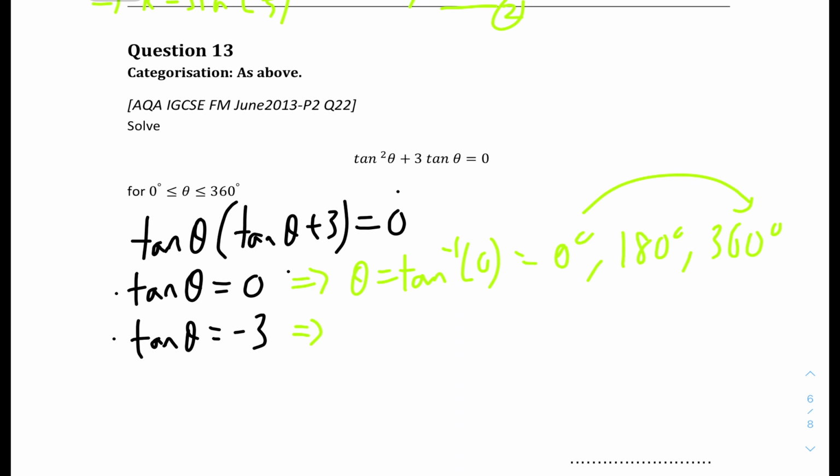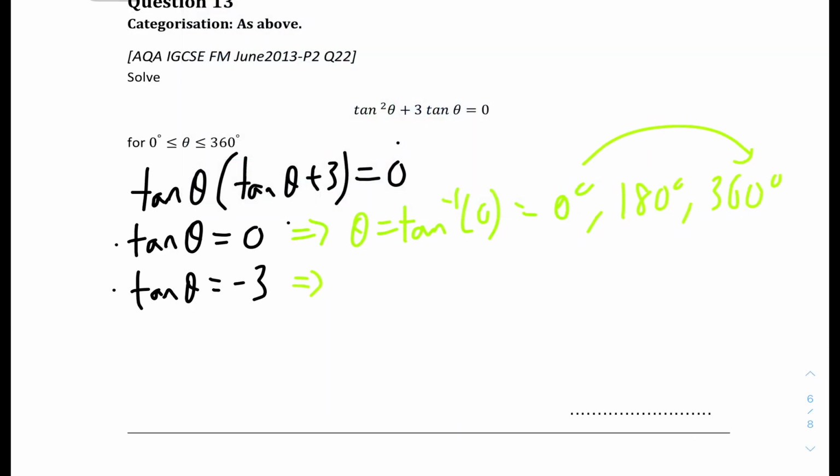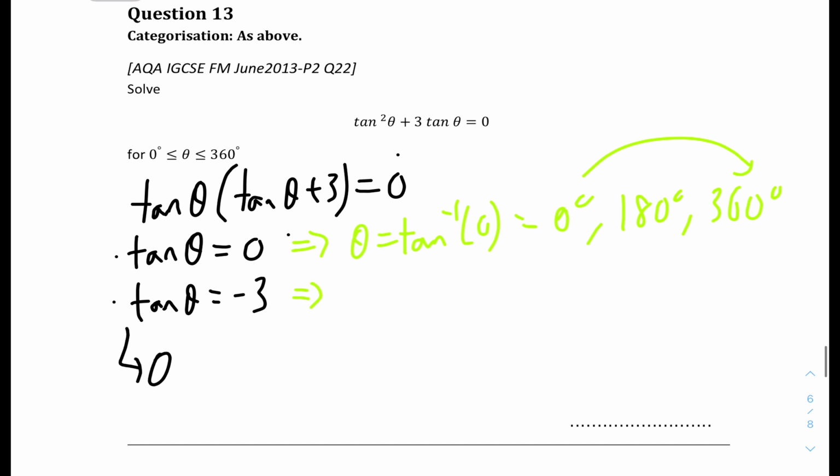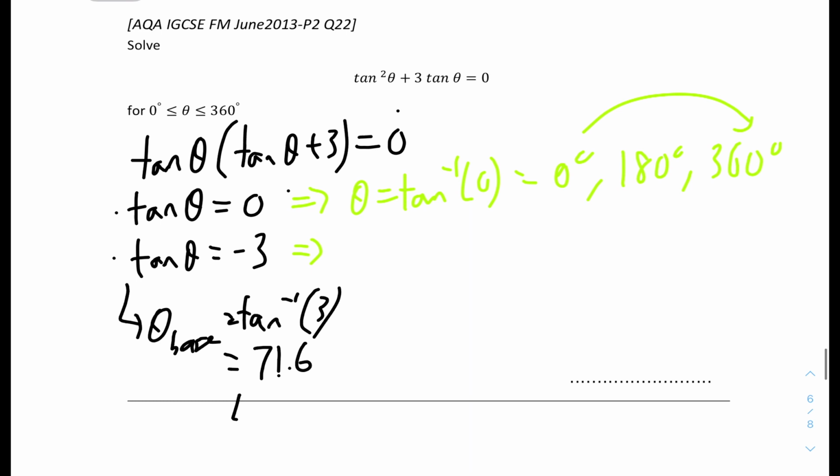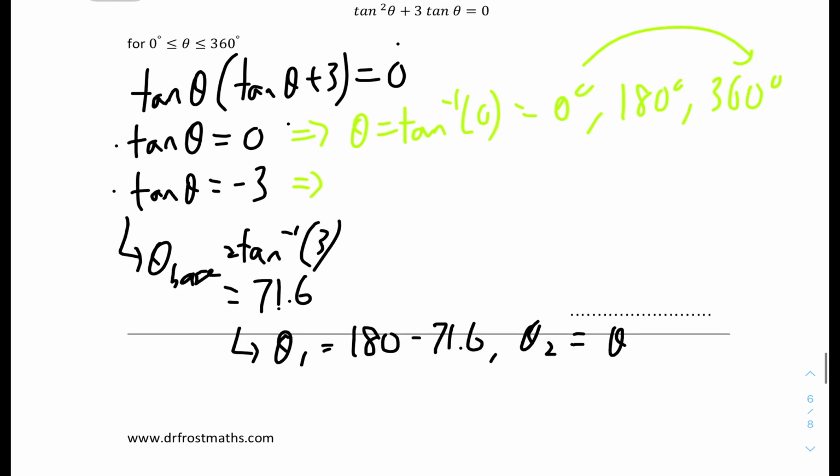And for the second solution, you'll first get a base answer, which is theta base equal to tan inverse 3, and that will get you 71.6. So the first answer will be 180 minus the base answer 71.6, and the second answer will be the first answer plus 180 degrees.